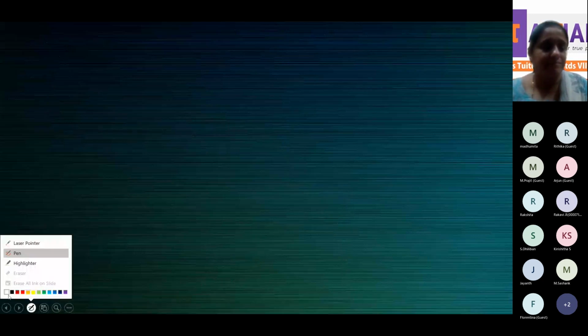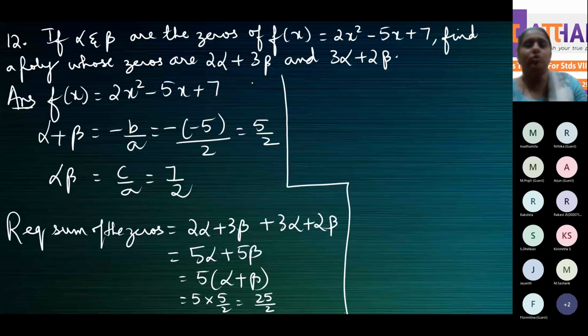So the required product is equal to, what are the zeros? 2 alpha plus 3 beta, 3 alpha plus 2 beta.